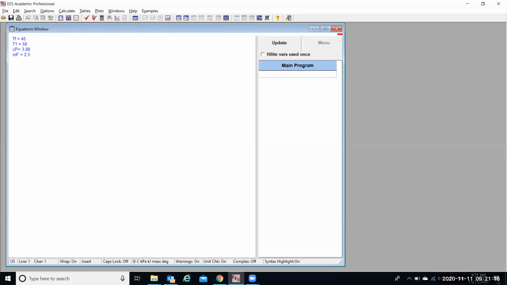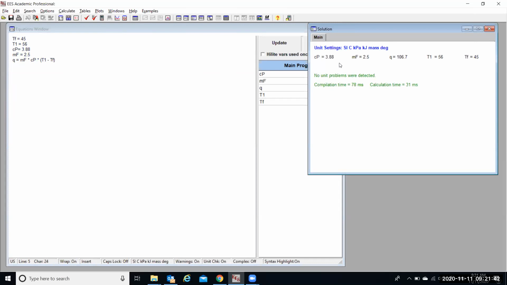If I need to calculate, for example, what is the heat transfer rate, then it should be, for example, M feed into Cp into the temperature difference T1 minus TF. So we have 5 equations, we have 5 unknowns, and accordingly, when I press on this calculator, it should be able to provide me with every one of these.